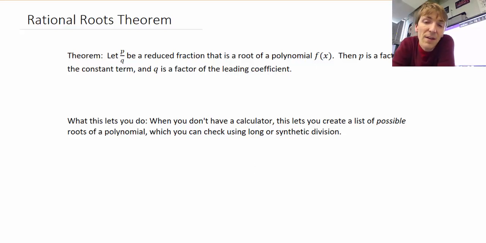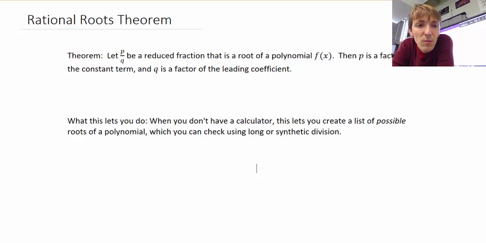You use your calculator, graph it, and then see what that x-intercept is. But if you don't have either of those tools, if I didn't tell it to you and you don't have your calculator, then it's really hard to come up with a guess for a root. And the rational roots theorem gives you one tool that you can use to make guesses, because it tells you what the possible rational roots could look like.